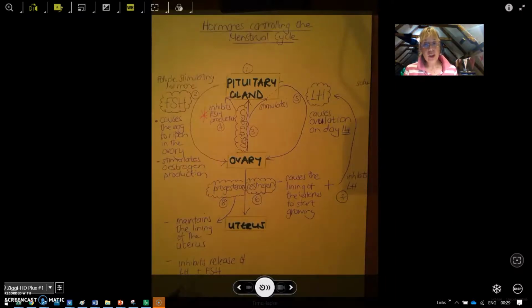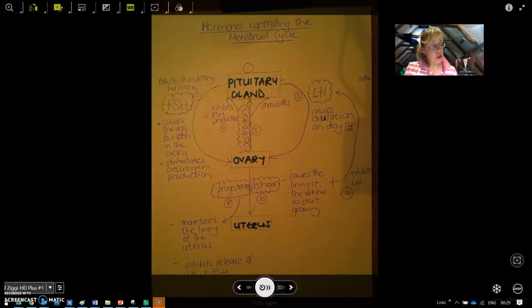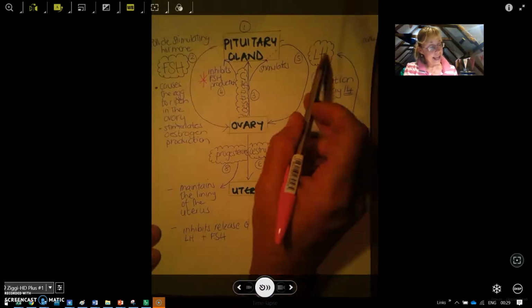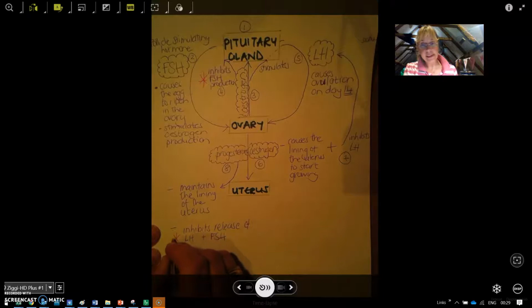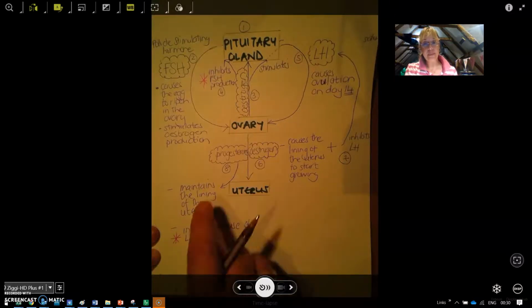But have a look over here. The progesterone also inhibits the release of LH and FSH. That means an egg cannot be released, so no ovulation takes place. And it also stops FSH, which is what happens over there as well. So that's a bit of a double whammy.